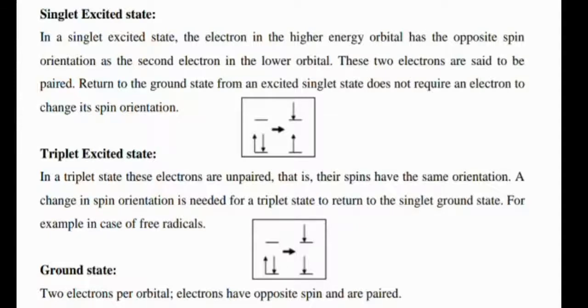Another one is the triplet excited state, in which electrons are unpaired. That is, their spins have the same orientation, and a change in spin orientation is needed for a triplet state to return to the singlet ground state, for example in the case of free radicals. Now the ground state includes two electrons per orbital. Electrons have opposite spin and are paired.